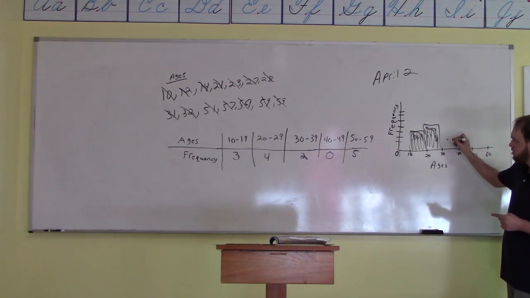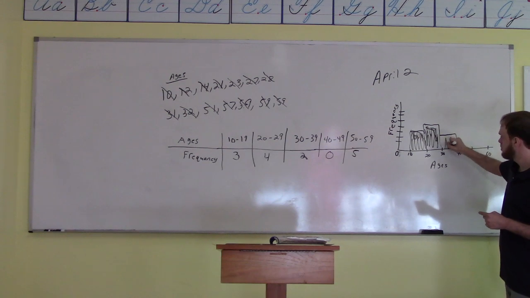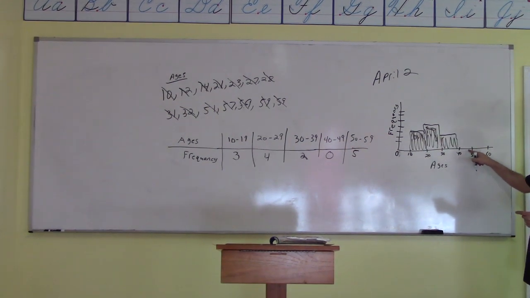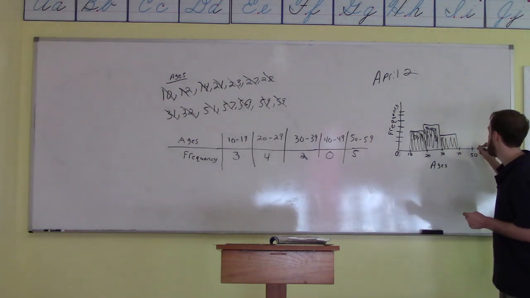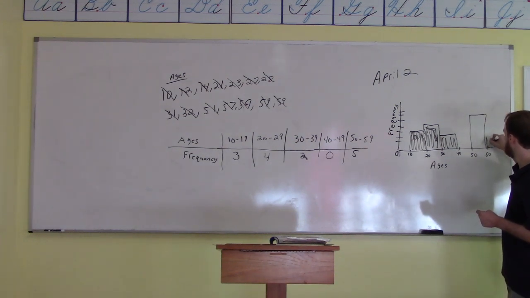So here I would shade 2. Forty to 49 was none. And then over here 50 to 60 was 5. So I would shade all the way up to 5 on this one.